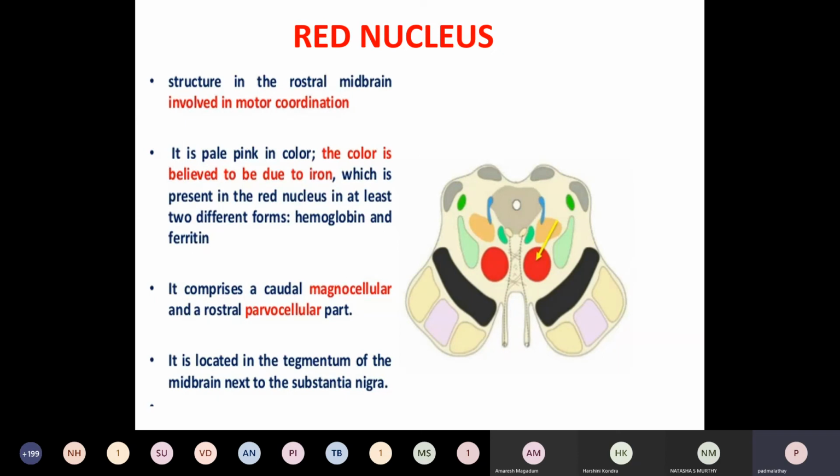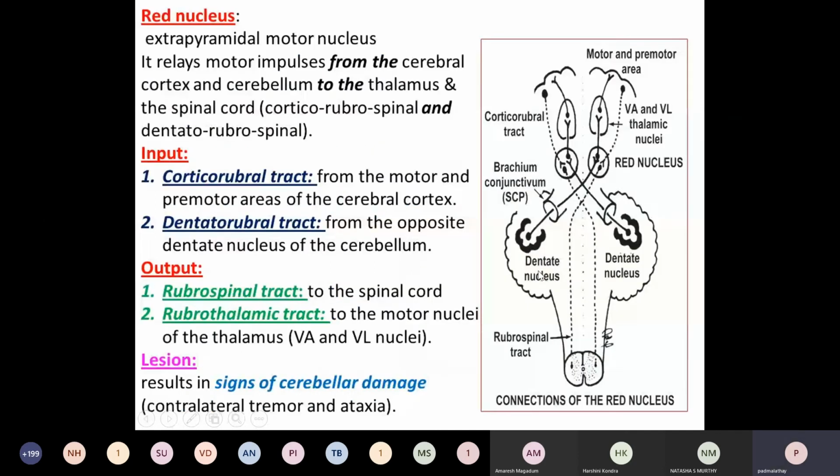The red nucleus is present in the tegmentum part of the midbrain next to the substantia nigra. Its connections are related to the extrapyramidal tract, where it relays impulses from the cerebral cortex as well as from the cerebellum to the thalamus and spinal cord. The afferents constitute corticorubral fibers from the motor and premotor areas of the cerebral cortex to the red nucleus.